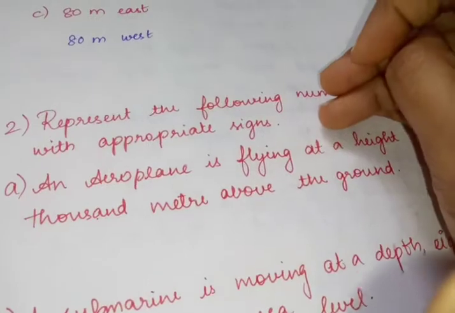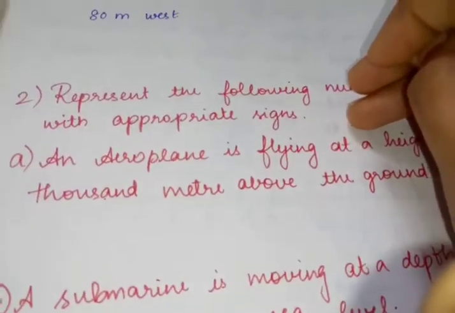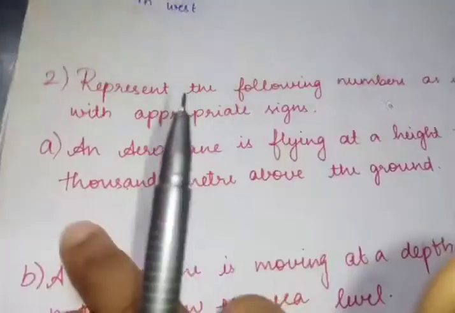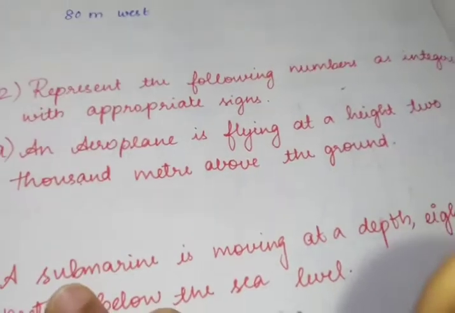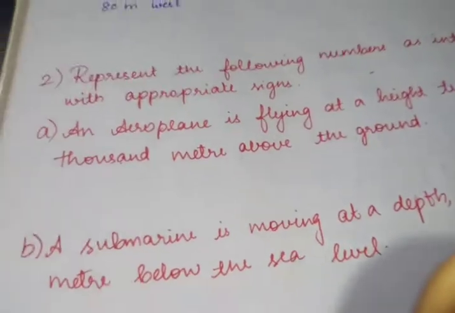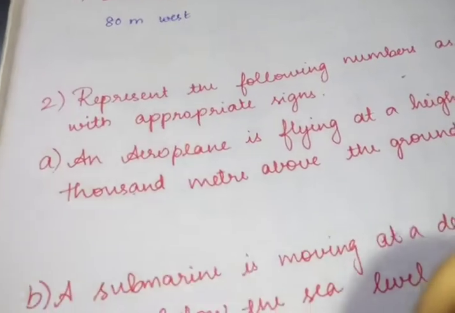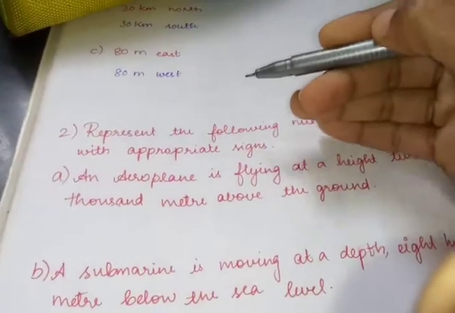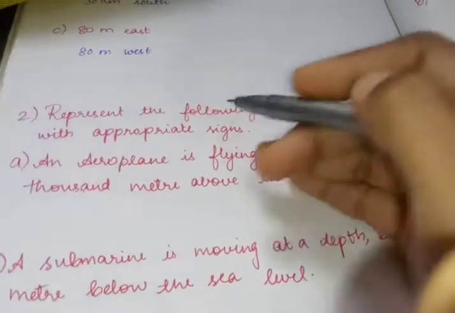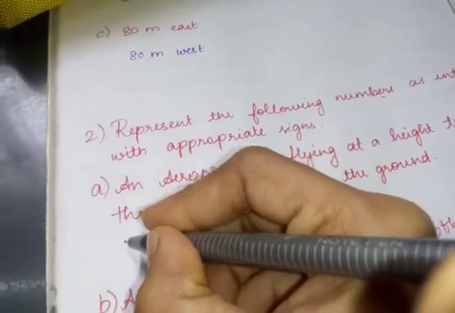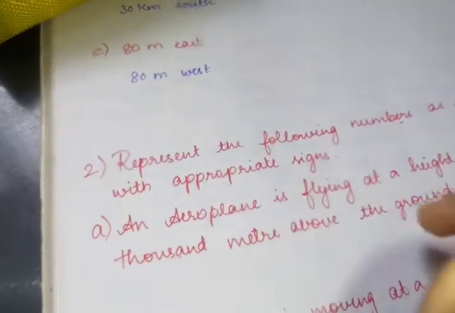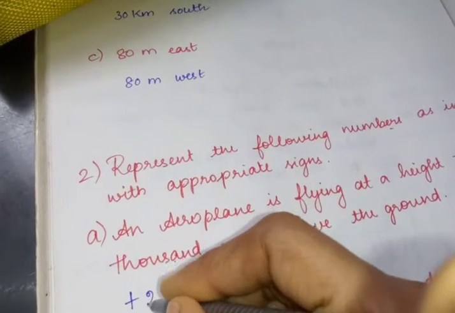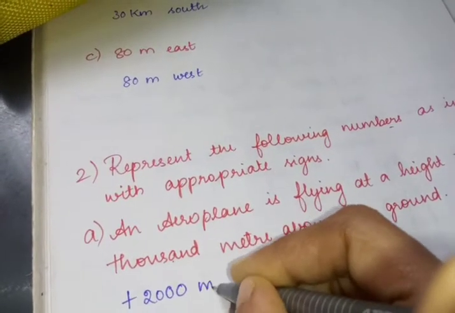Through which integer will we represent this 2000 meters? We represent it using a positive integer, because the aeroplane is flying above the ground. Above the ground 2000 meters, so plus 2000 meters.